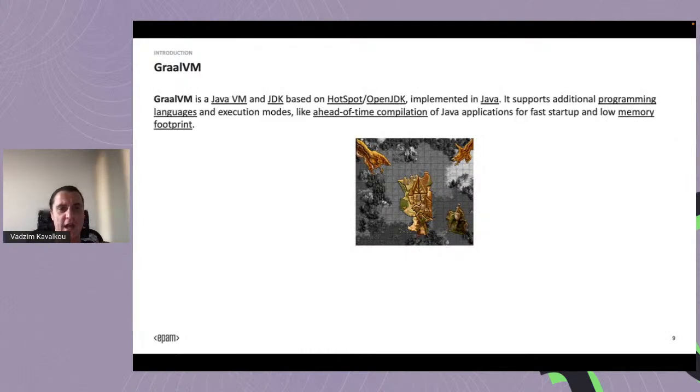Graal is a Java VM, JVM, and JDK based on HotSpot OpenJDK implemented in Java. It supports additional programming languages and execution modes like ahead-of-time compilation of Java applications for fast startup and low memory footprint.